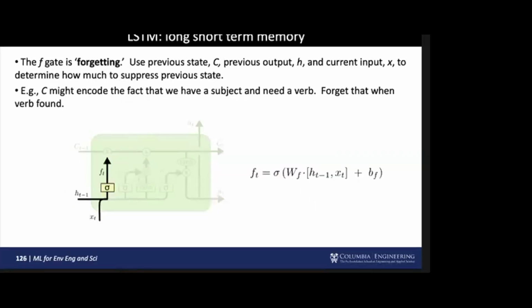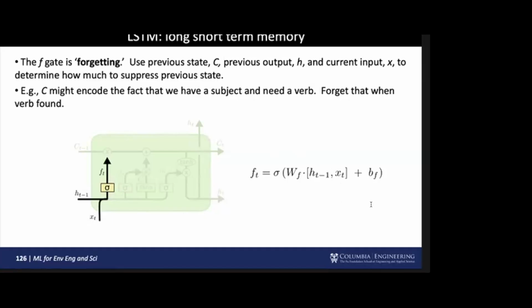Let's break down the first internal step, the forget gate, represented by f here. This gate decides how much of the previous memory we should actually keep or throw away. It looks at the previous state, the previous output, and your current input to make this choice. That's why you see multiple different lines and nodes here.